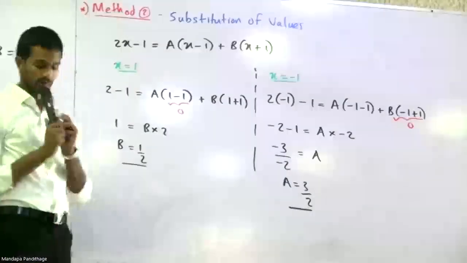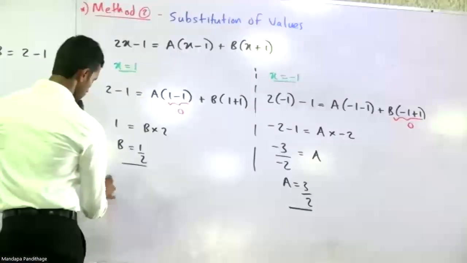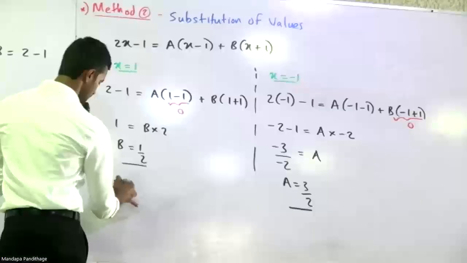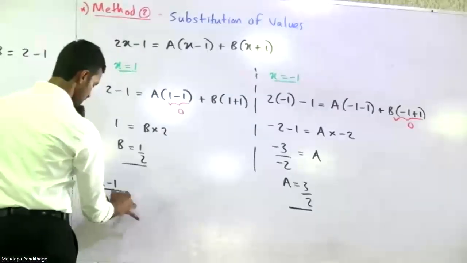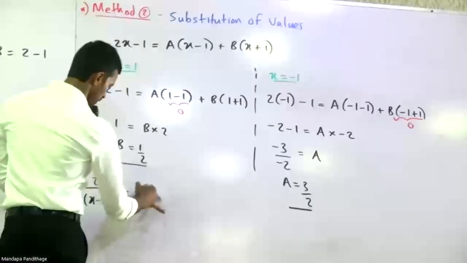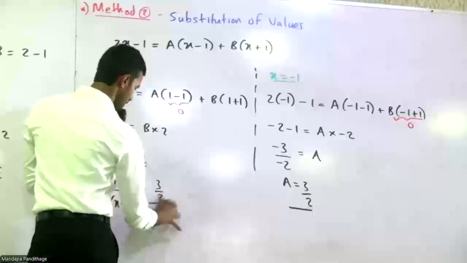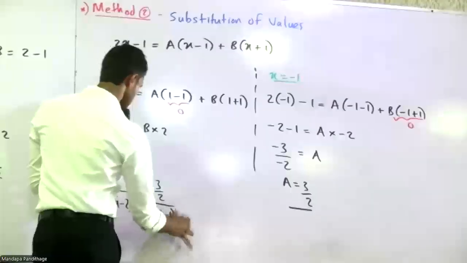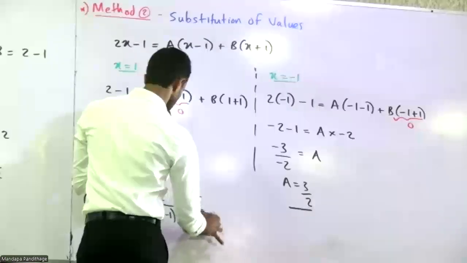So after finding a and b, what we were supposed to do is find the partial fractions, no? So then write the final answer in this way. So (2x minus 1) over (x minus 1)(x minus 2), you have taken that a is equal to 3 over 2 divided by x minus 1 and b is equal to half divided by x minus 2.